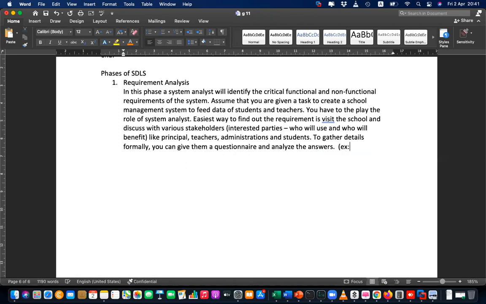For example, problems in the current manual system, time taken to do certain tasks, expected reports. Those you can ask formally through a questionnaire.